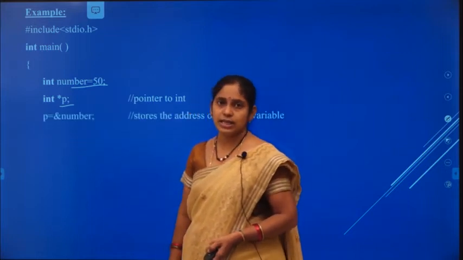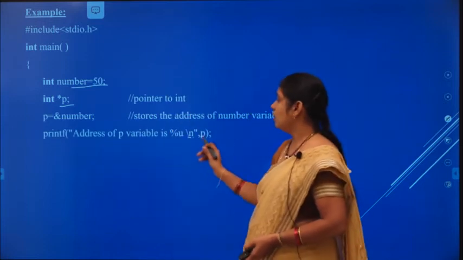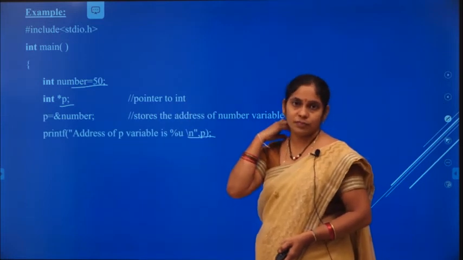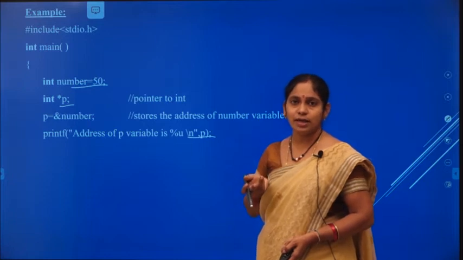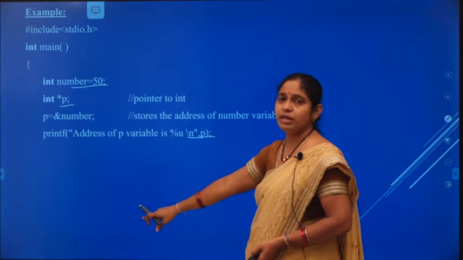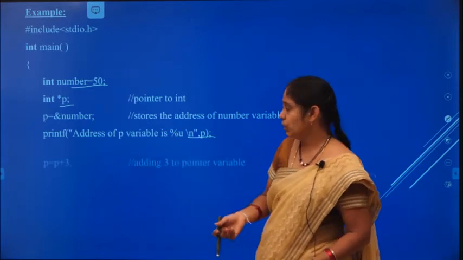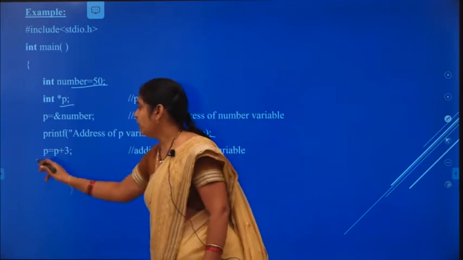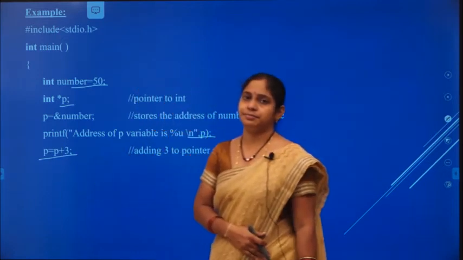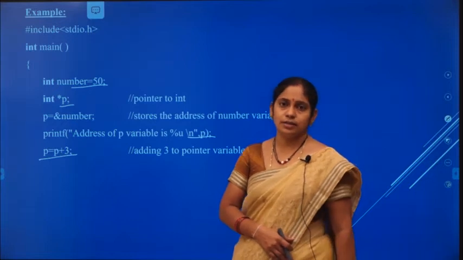Now we print the value of p, which is nothing but the address of the number. Later we are incrementing it by 3, adding 3 to it.